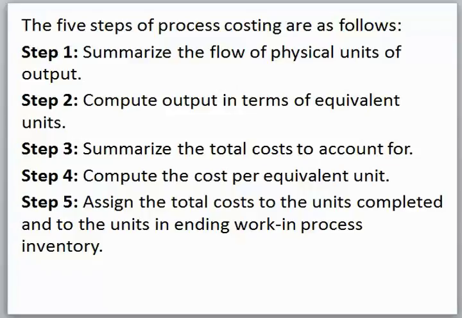Step number 4, compute the cost per equivalent unit by dividing the total costs by the total equivalent units. Step number 5, assign the total costs to the units completed and to the units in ending work in process inventory.